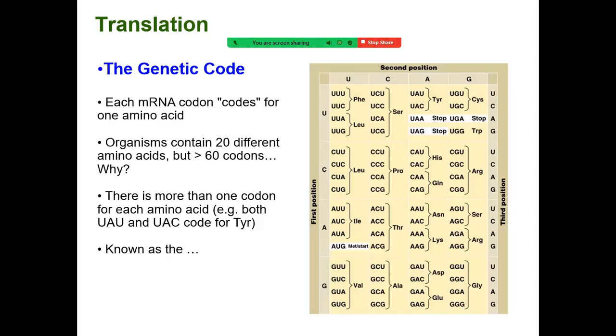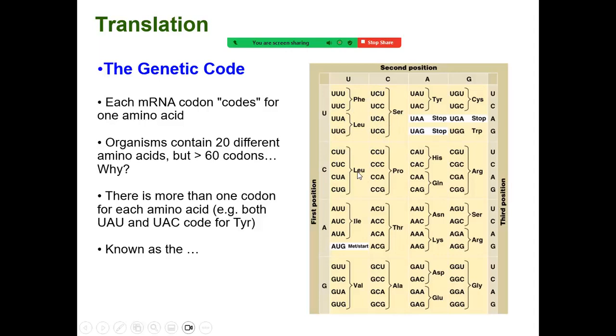codons that code for them, or 4. Like phenylalanine has 2 codons that code for that amino acid, or 4 codons that code for it, like serine has 4 codons that code for it, or some of them have 6 codons that code for that amino acid, like leucine has 6 codons that code for this one amino acid.